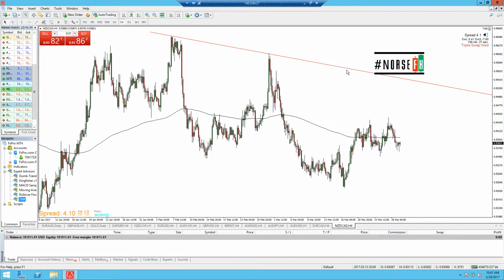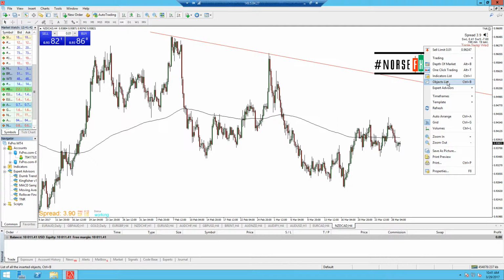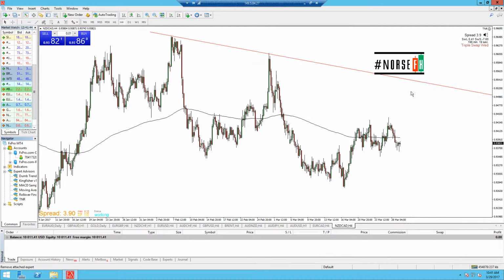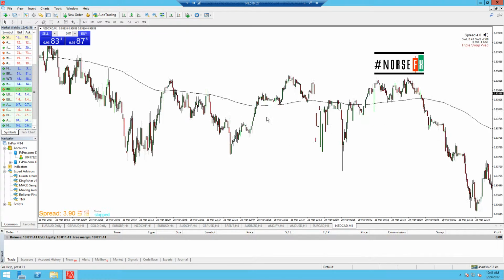If this line gets hit in the days or weeks to come, I will be executed short on this pair and I will target lower. So now let's force a few trades. And I only use one line at a time on my charts, so the EA doesn't get confused on which line to trade or not.